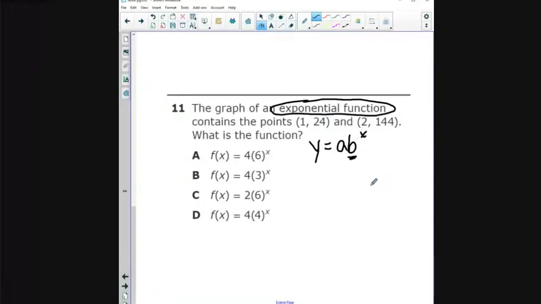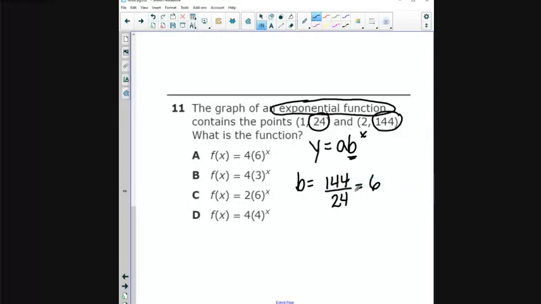Find the ratio between successive values of y. So here we are going to use the 144 and the 24. We're going to use b as the ratio of 144 to 24. And when you do this, you get 6.